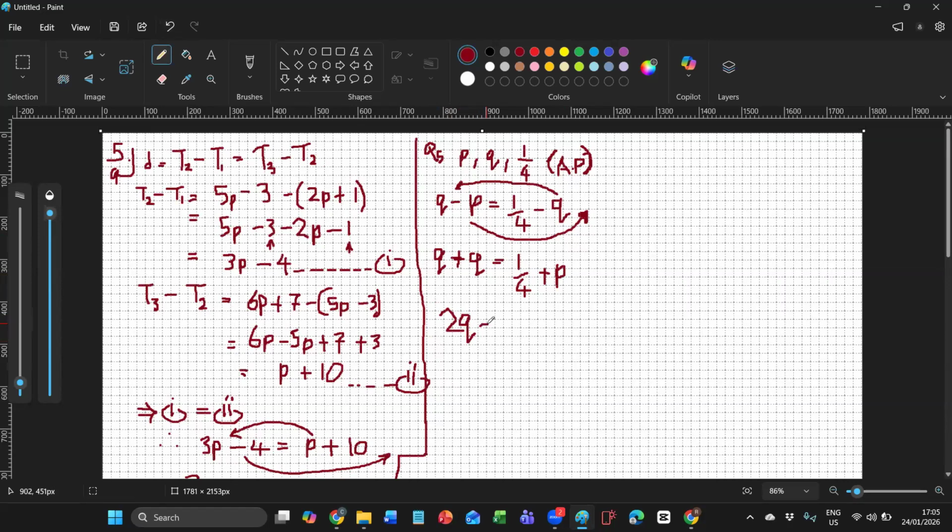So, what are we going to do to both sides now? We have 2Q equals 1/4 plus P. What do we do to both sides so that it's only Q, not 2Q, on the left hand side?